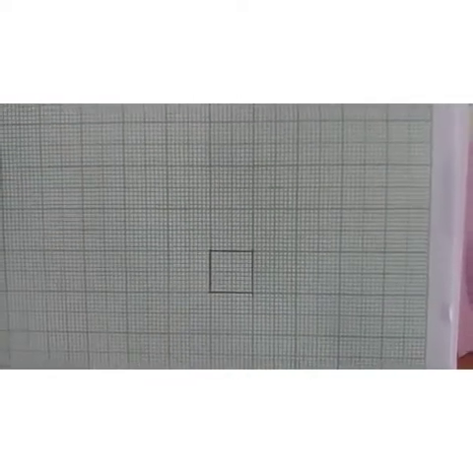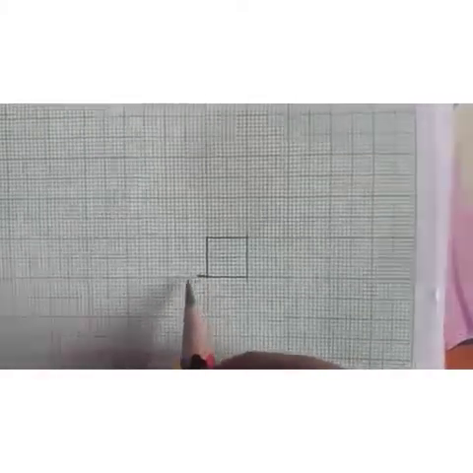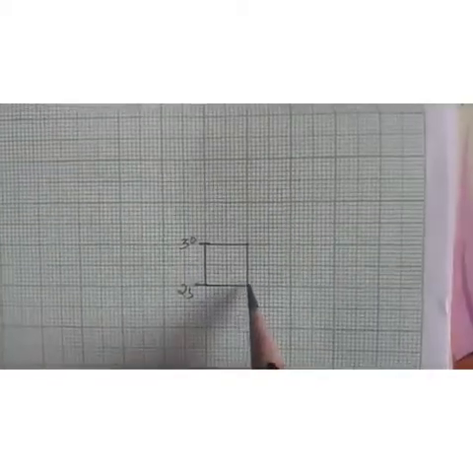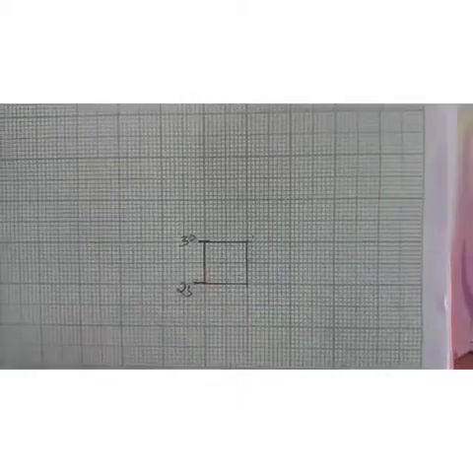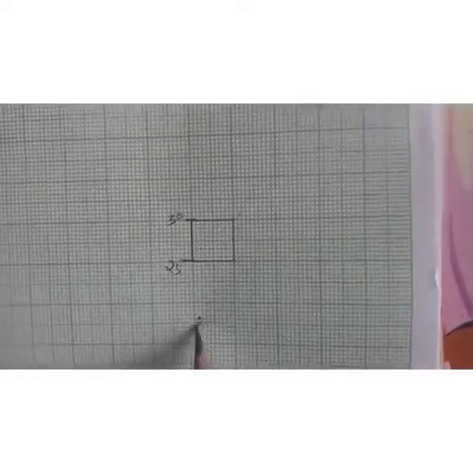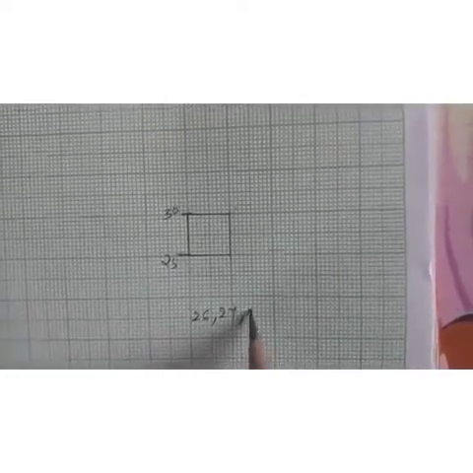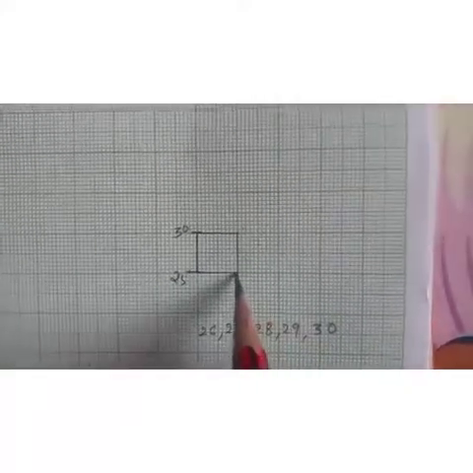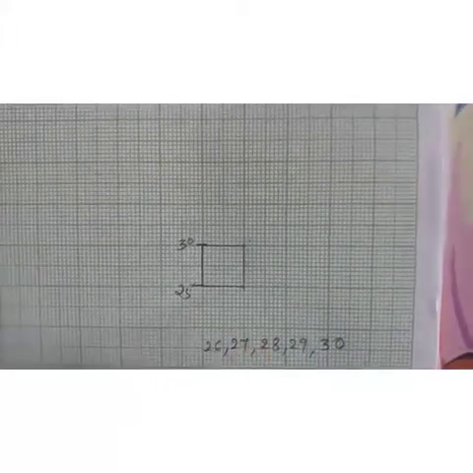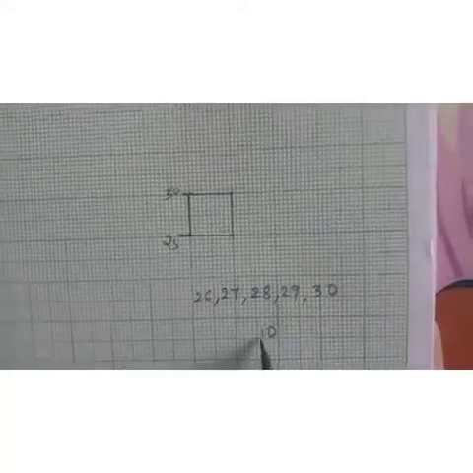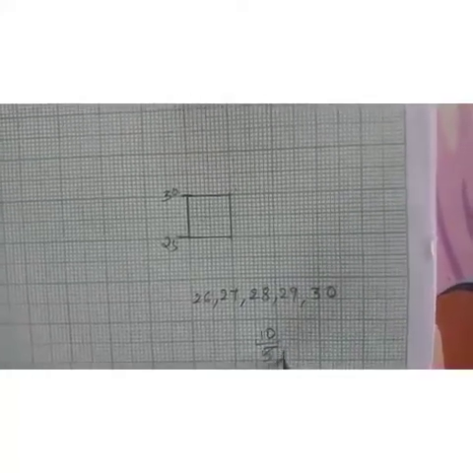Now in between 25 and 30. Here we have marked 25 and here 30. So in between these 10 divisions, 10 lines, we have to plot 5 numbers. Which are those 5 numbers? It will be 25 is already marked, 26, 27, 28, 29 and 30. When you divide these 10 lines by 5, 5 ones are 5, 5 twos are 10.